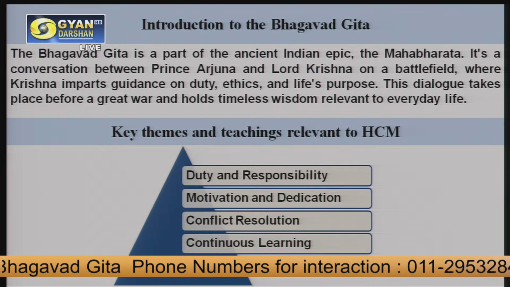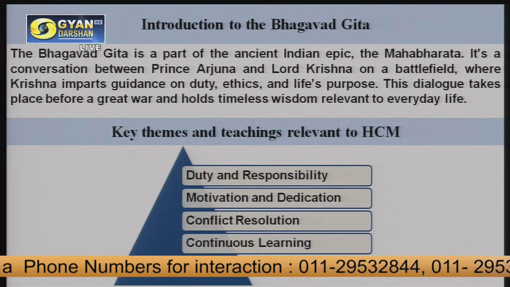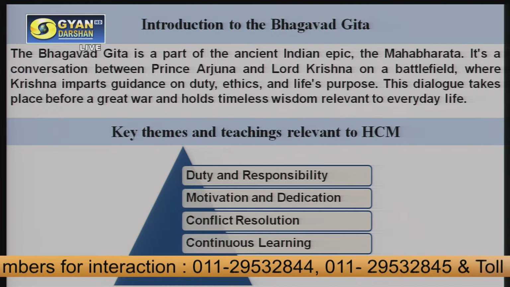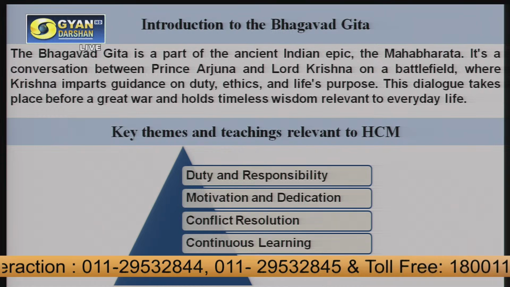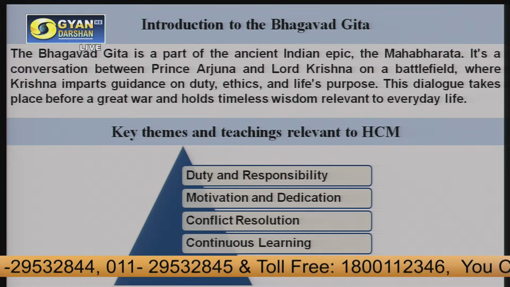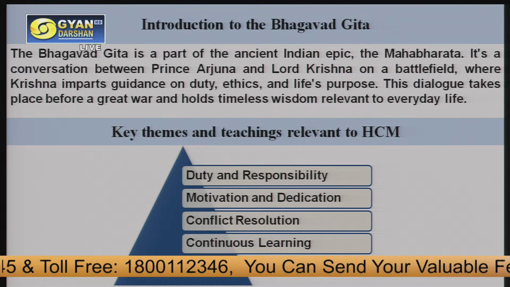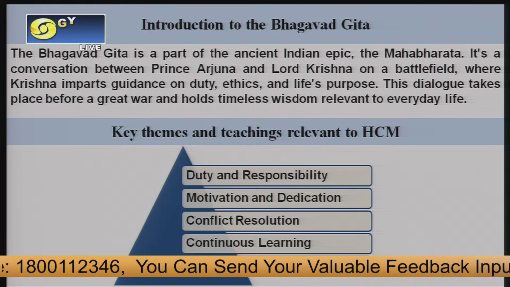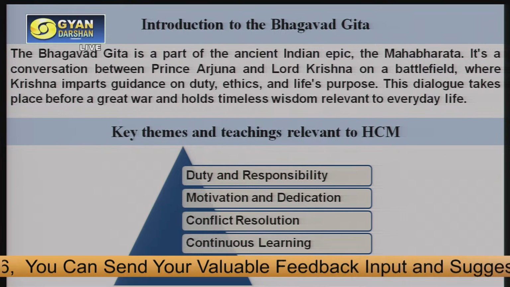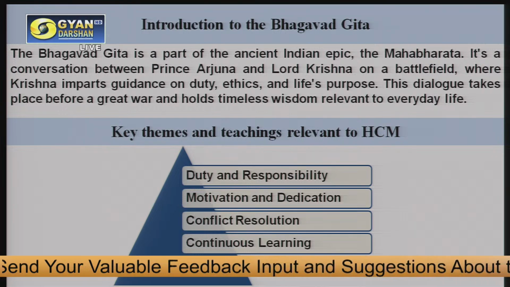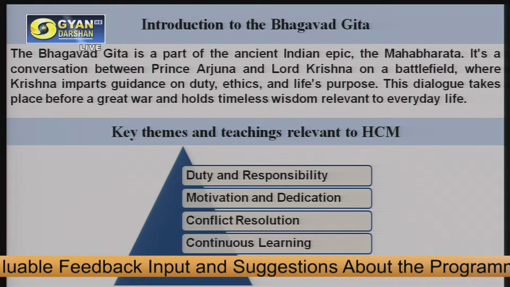He is so dismayed: why am I going to kill my brothers, my teachers and all my friends? But Lord Krishna motivated him with many lectures, saying that you are a soldier, and a soldier's duty is to fight against the enemies.